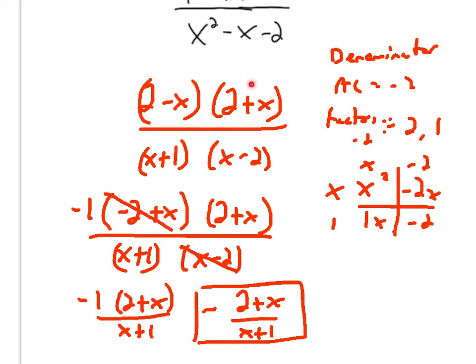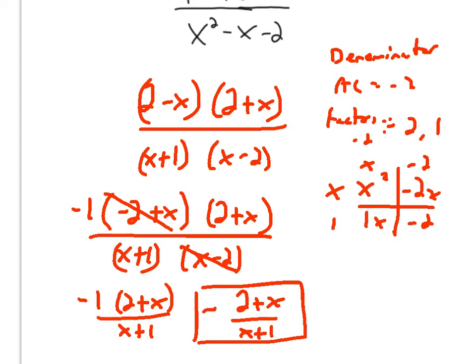If I would have pulled out negative 1 here, I would have gotten negative 2 and negative x, which would not be complete opposites, because the negative 2's would have been the same, and then the x would have been a negative x, so it would not have worked out to go with this one.